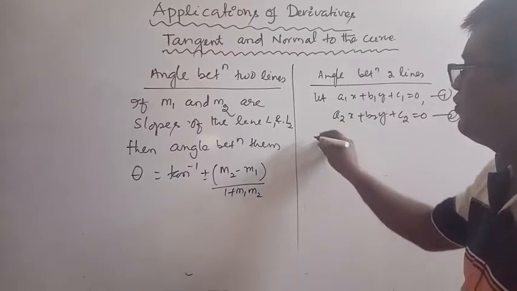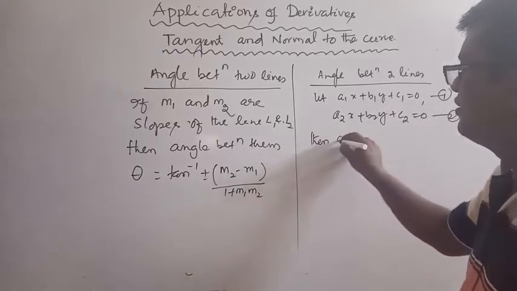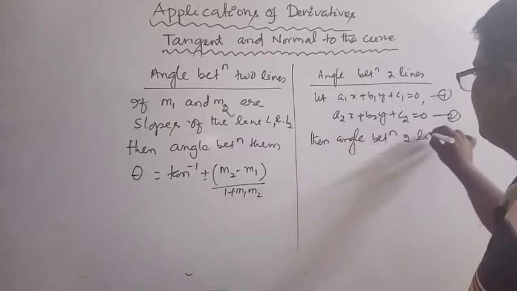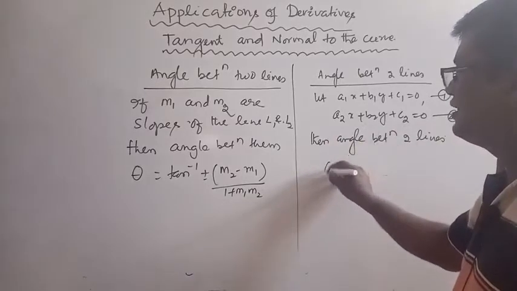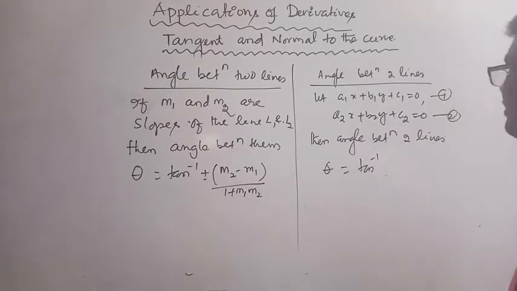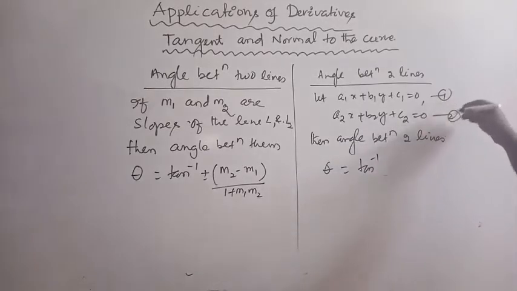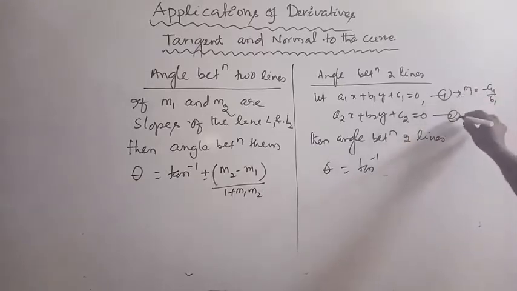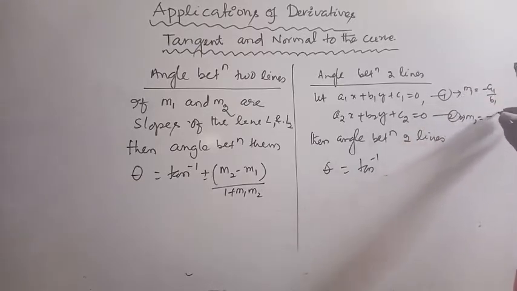Then the angle between the two lines is theta equal to tan inverse. Here the slope m1 is equal to minus a1 by b1, and m2 is equal to minus a2 by b2.